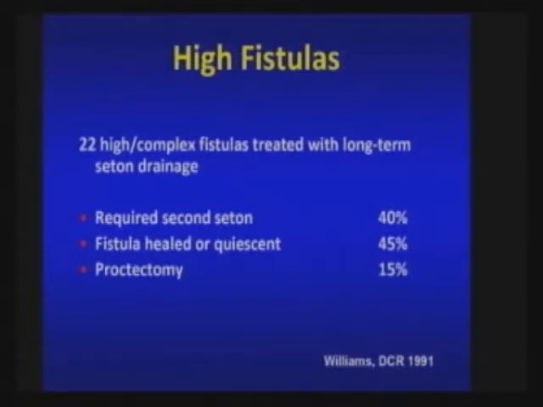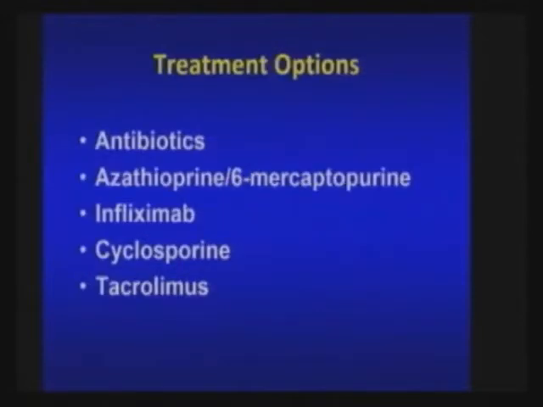And while that operation has been thought to be controlling clinical symptoms for the majority of people, the fistula healed or was quiescent in less than half. Almost half required another seton, so clearly the perianal disease was progressing, and 15% required proctectomy. So there was big room for improvement.